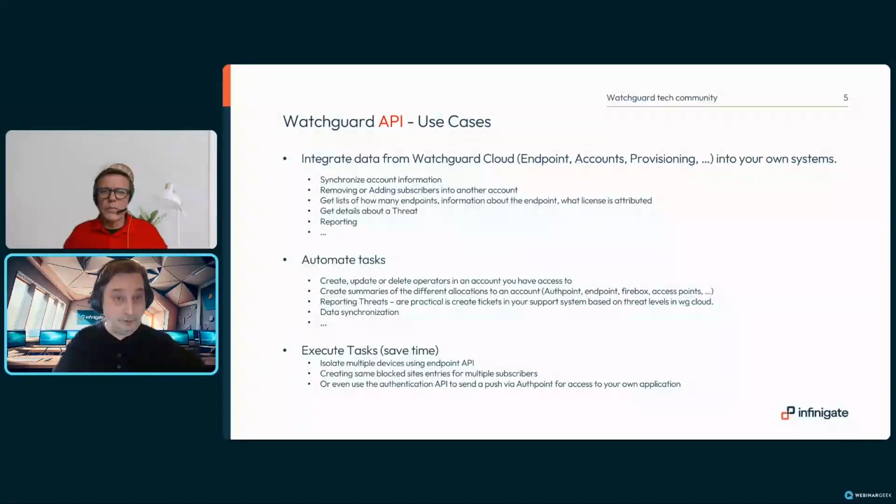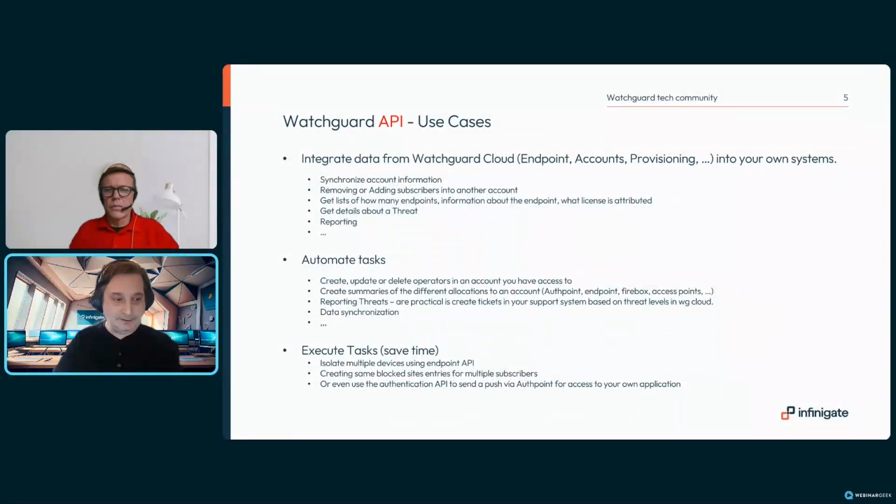Get a list of how many endpoints, information about the endpoint, what license is attributed, etc. Get details about a threat, and for example, also reporting if you like other reports than those that you can pull from WatchGuard Cloud.